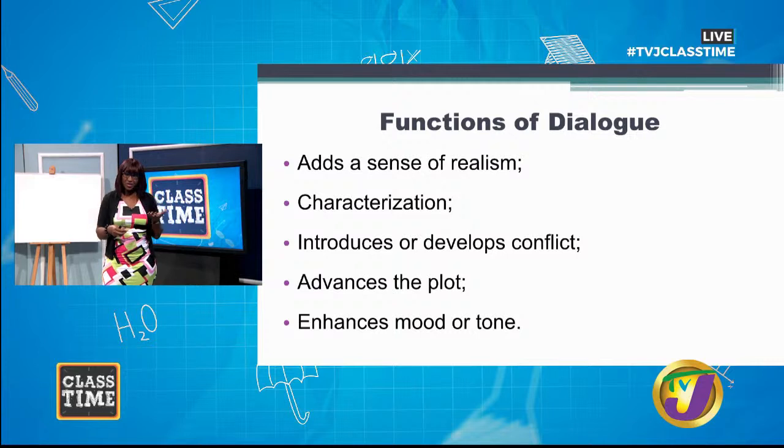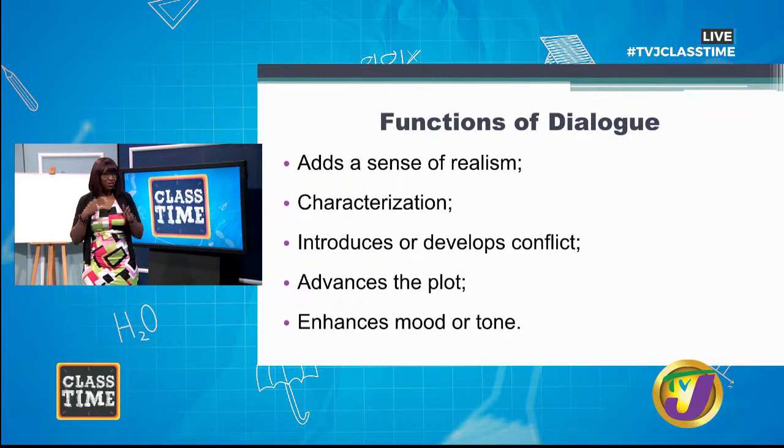And of course, it helps with characterization. You think of what the characters say, you think of who they talk to, you think of how they talk. So how they talk when they're in one situation as opposed to how they talk when they're in a different situation. All of that comes in with the characterization. Think also of how it develops the conflict or how it introduces the conflict.